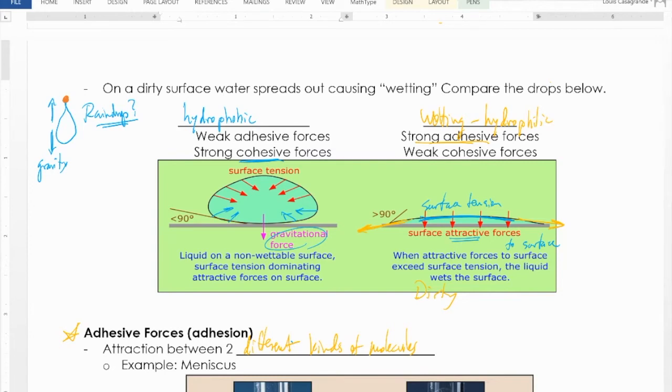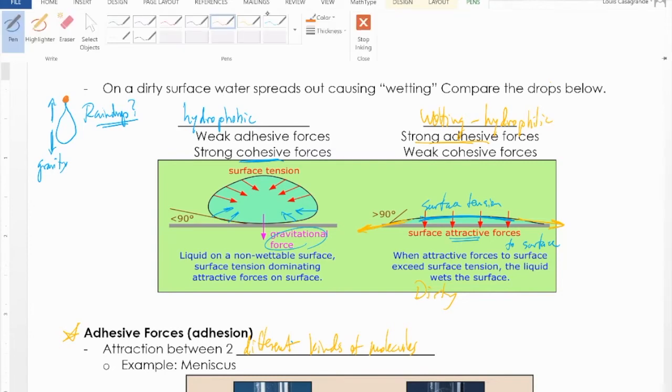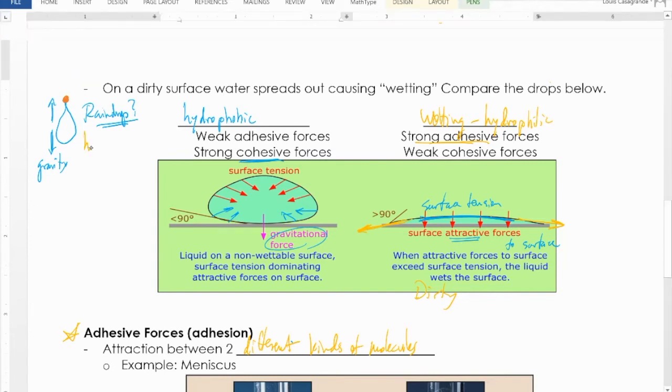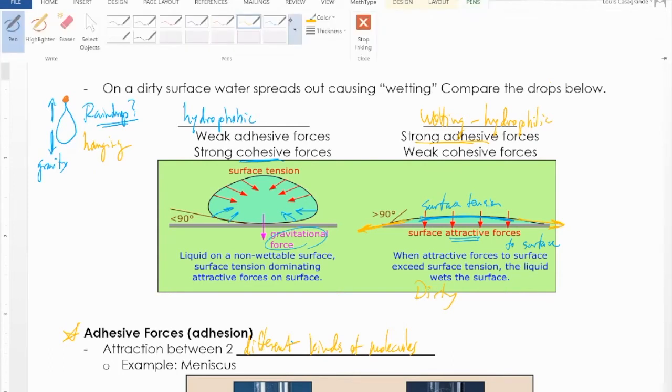This is not a raindrop. This is a hanging water drop. And you have seen this. You've seen these hanging off of branches. And this is why people think that raindrops are shaped that way. But I'm going to try to convince you that raindrops have to be another shape.